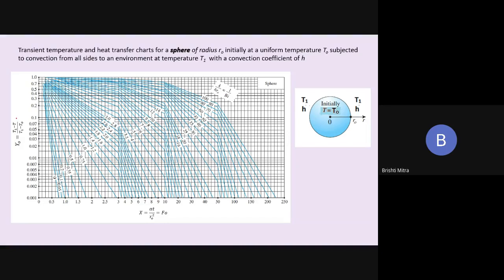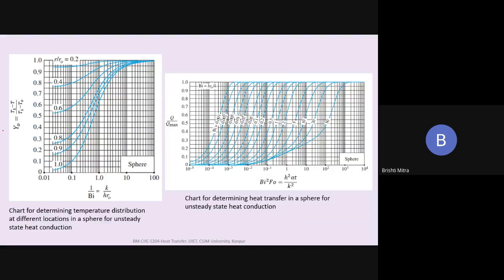Go to the left hand side and find out the temperature at the center of the body. Next comes the temperature distribution at different locations in the sphere, just like we had seen before. And this is the rate of heat transfer in a sphere for unsteady state heat conduction. Once you know the Fourier number and Biot number, you can do all these calculations from the chart.